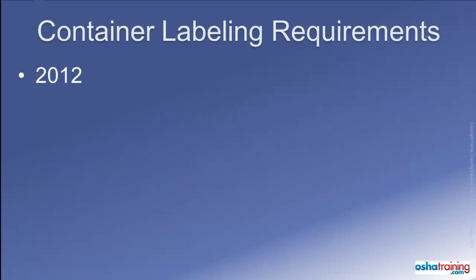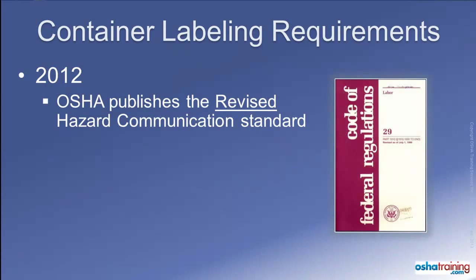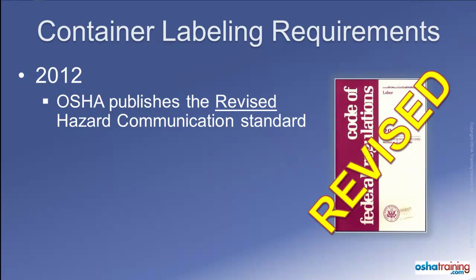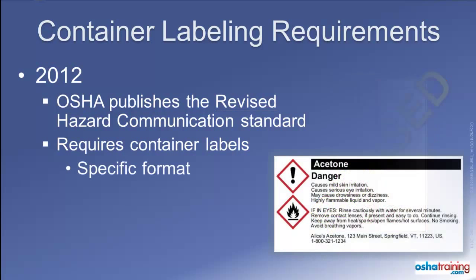So in 2012, OSHA revised their Hazard Communication Standard, and a major part of that revision was how containers had to be labeled. While manufacturers still have to put labels on their containers, now that information has to follow a specific format.